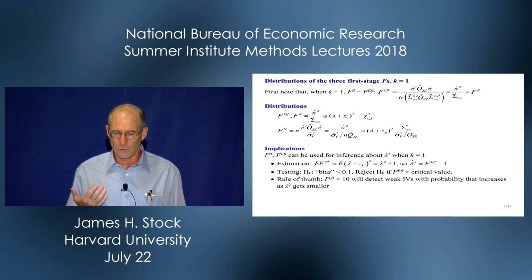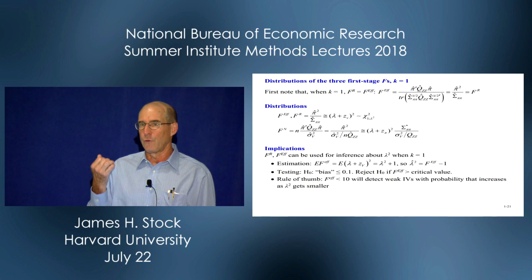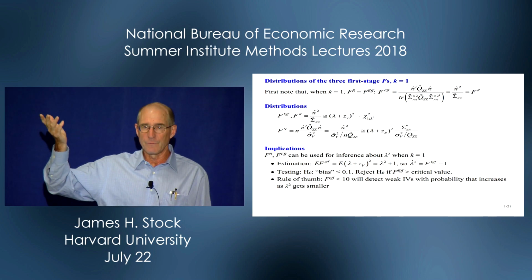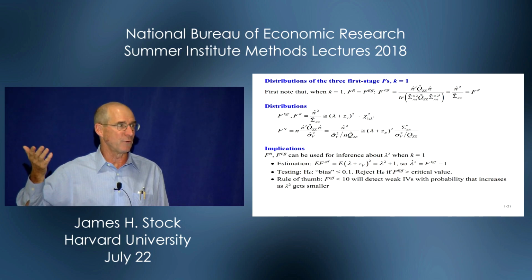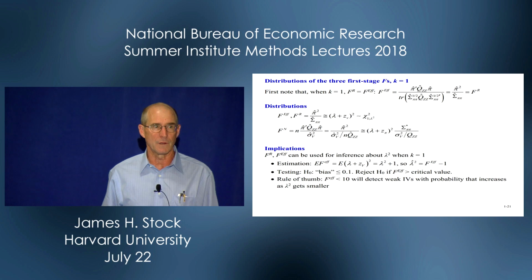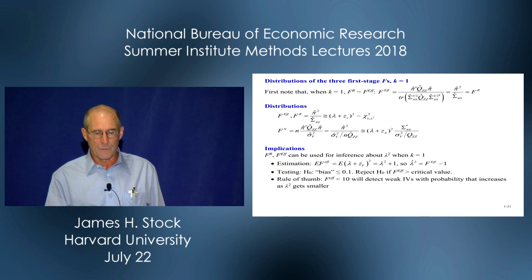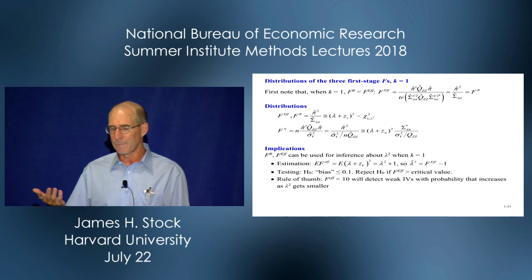It's a non-central chi-squared with non-centrality parameter lambda squared. Remember, we wanted to do inference about lambda. The robust F in the k equals 1 case is exactly what you'd want to do to do inference about lambda. It's also equal to the effective F. The problem with the non-robust F is that it's almost what you want, but it's then times something weird.